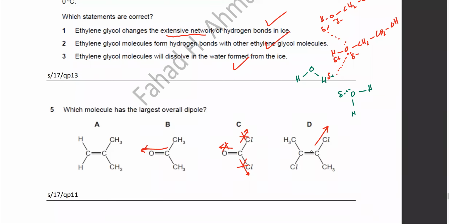So Cl will pull electrons upwards. This Cl will try to pull electrons downwards. So again, because of the shape, the dipoles are kind of getting cancelled out. It's only in this one that this one will have the largest dipole. All the electrons will get pulled towards the oxygen. And the other side of the molecule would have a slight positive charge. Is this clear?